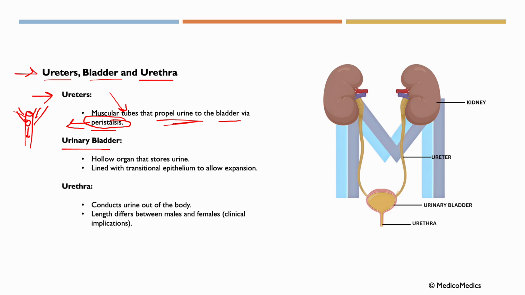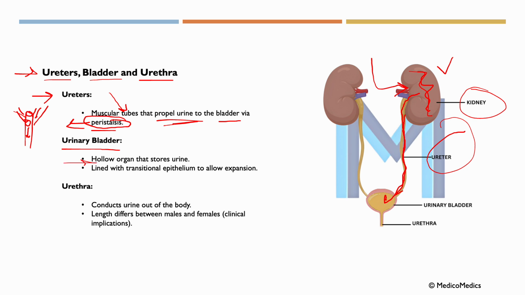So once that has happened, if we want to orientate ourselves in the illustration, we have the ureter. So the kidney has done its filtration, right? It has received blood. It has gone through the glomeruli, through the nephron, and whatever has been left to become urine is now sent down through the ureter to arrive at the urinary bladder.